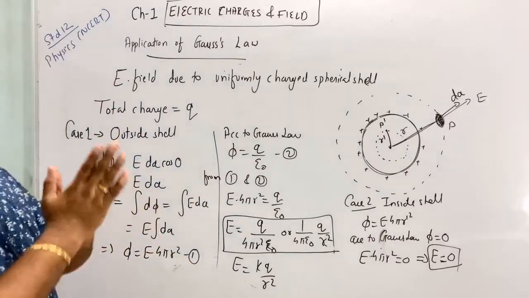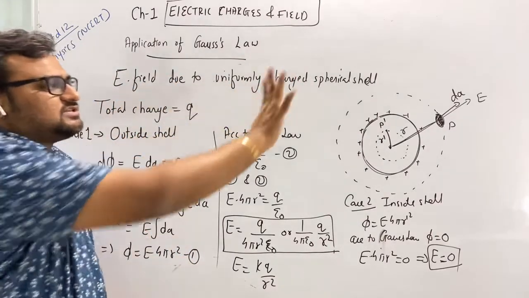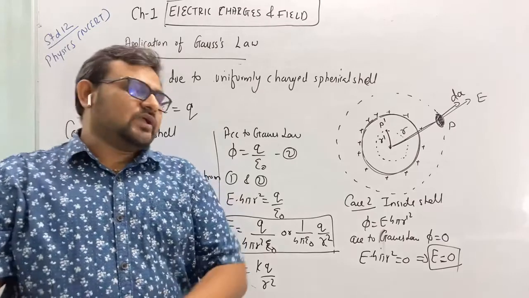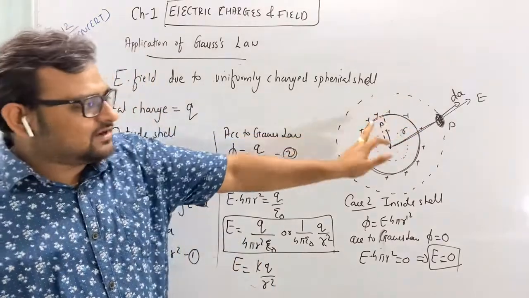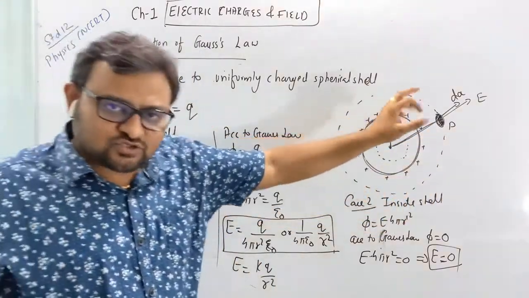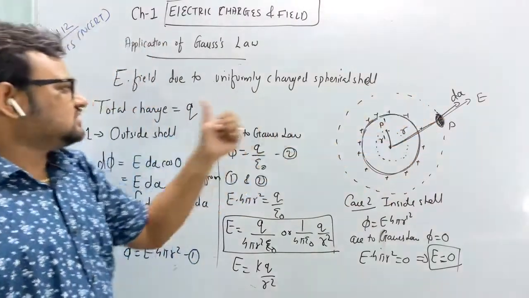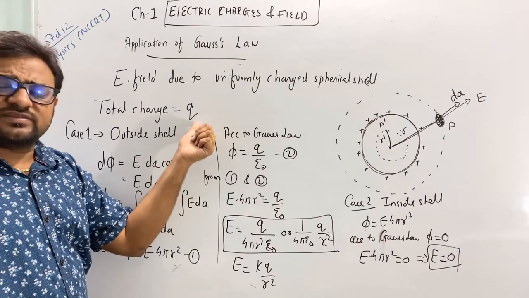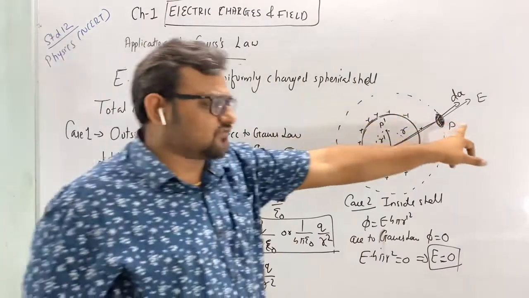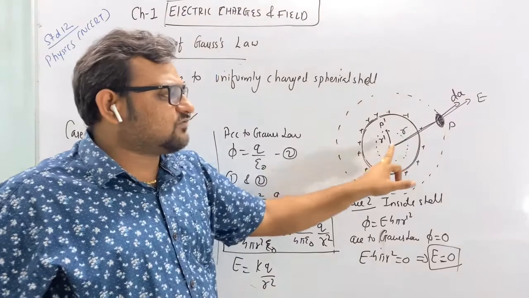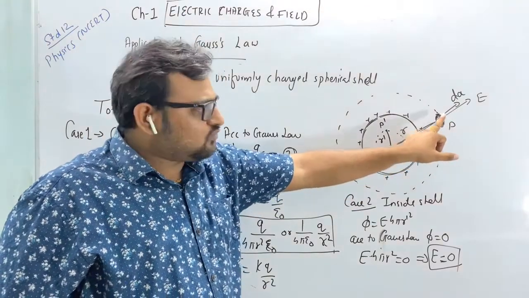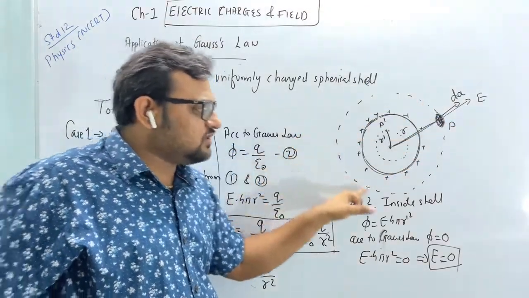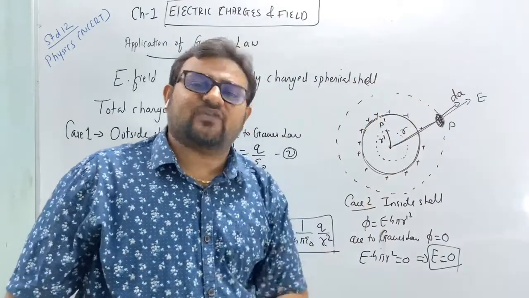We had to find out the electric field due to a uniformly charged spherical shell. We have taken a spherical shell and distributed uniform charge over its surface. The total charge we have taken as Q. First, case 1, a point outside the surface, point P at a distance r from the center. We selected a Gaussian spherical surface.